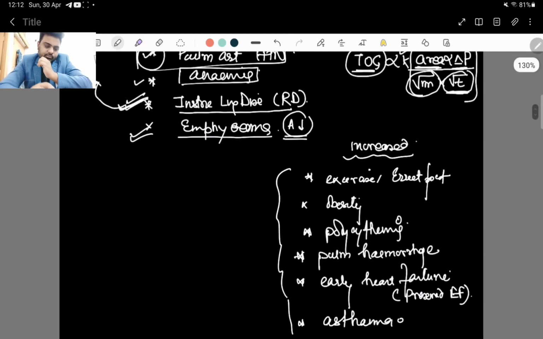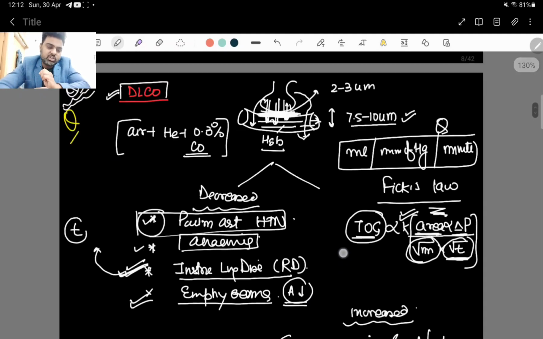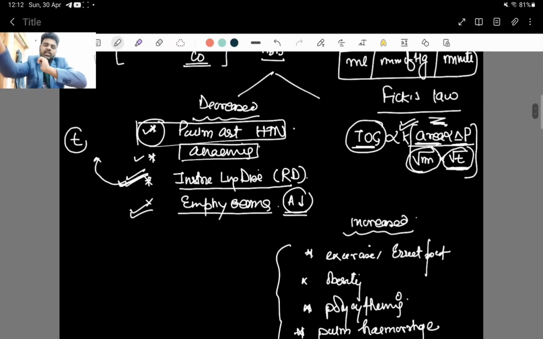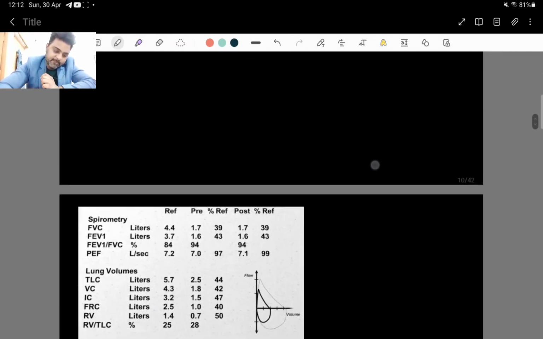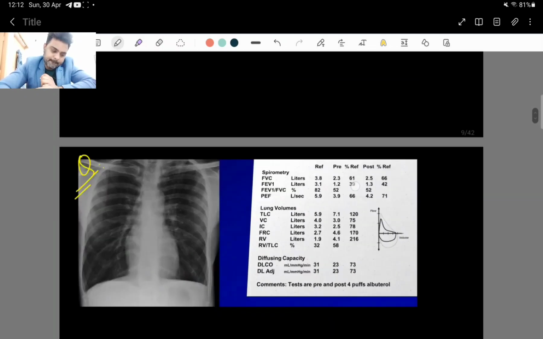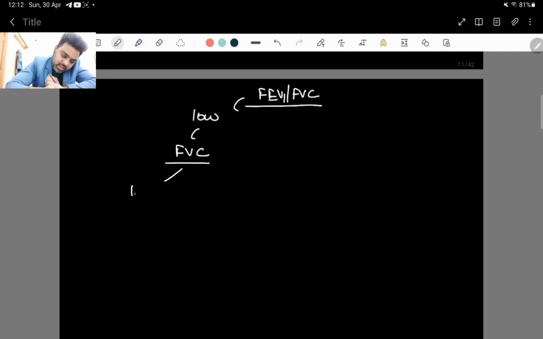So now, after understanding DLCO, we will bring DLCO into our algorithm. How? See this. Till now we have known that first we will see FEV1 by FVC. If it is low, we will see FVC. It can be low, it can be normal.